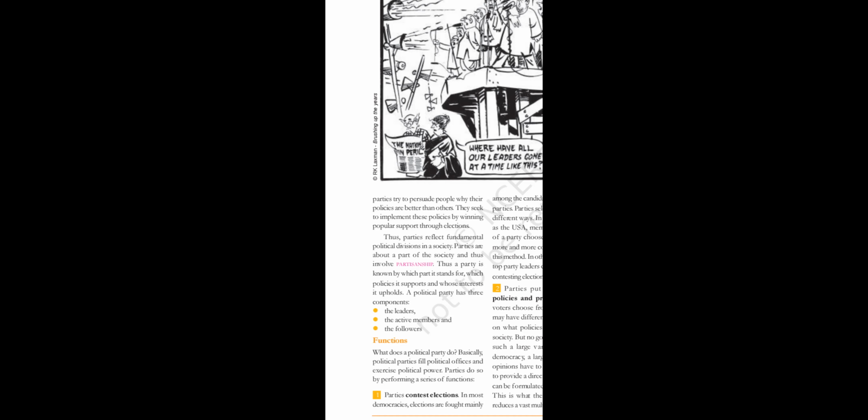And people who are in favor of a particular party are known as its followers. Like, I support Aam Aadmi Party, but I do not go to the meetings of Aam Aadmi Party, or I do not contest elections for Aam Aadmi Party. So who am I? Am I an active member or a follower?